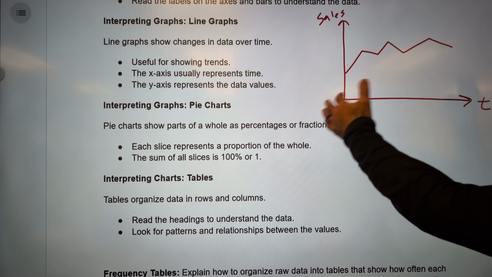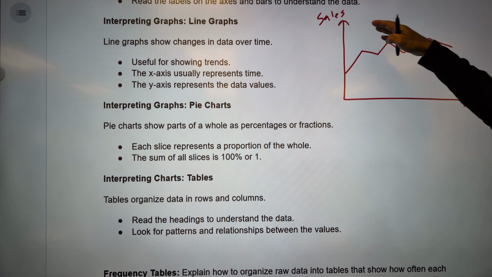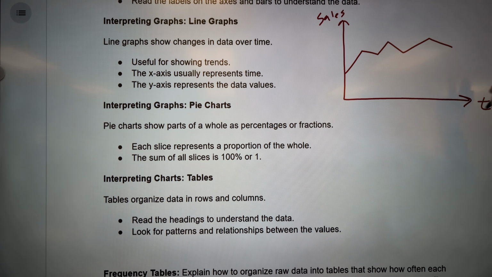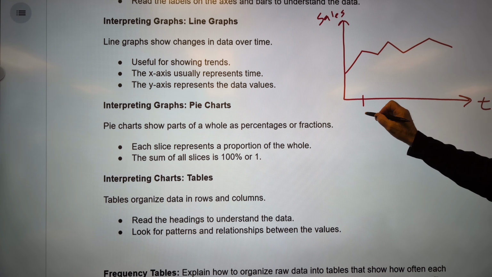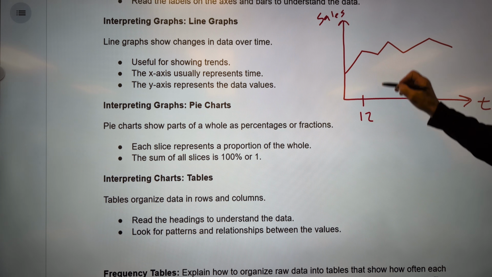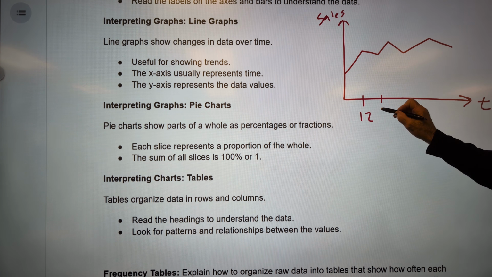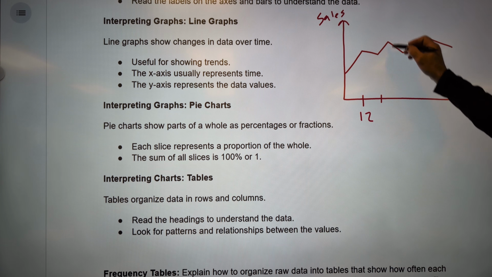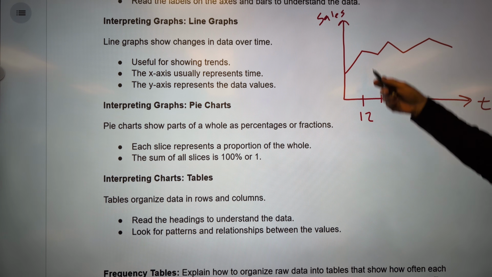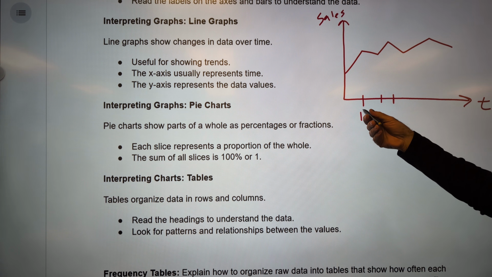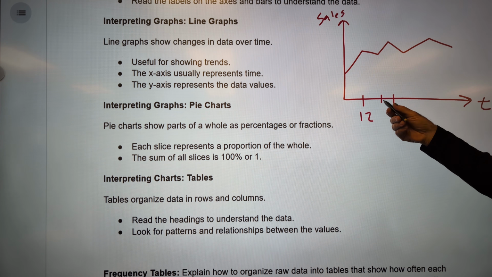If this were sales over time and you saw it go up and down and up and down, depending on what that time is, maybe this is December, and then this is June, like the 6 months, and then we're back at December again, you can see you have higher sales in December around Christmas time, lower sales in the summer.